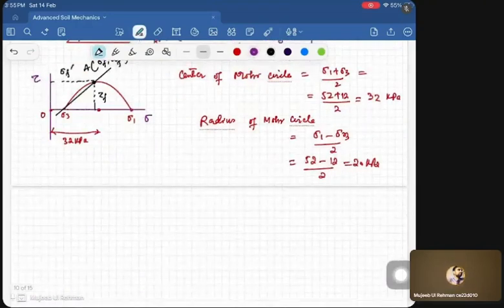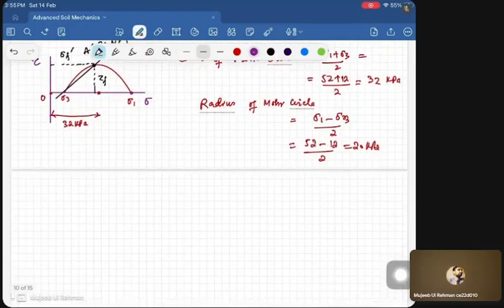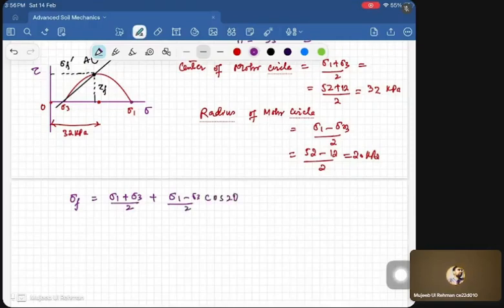So if we solve it, what will be this sigma f? Sigma f will be equal to, as I showed you, sigma 1 plus sigma 3 by 2 plus sigma 1 minus sigma 3 by 2 cos of 2 theta, and tau f will be sigma 1 minus sigma 3 divided by 2 sine of 2 theta. So what is theta?